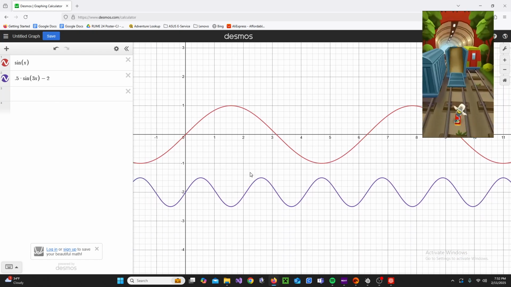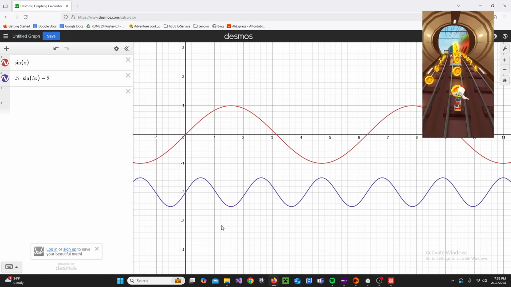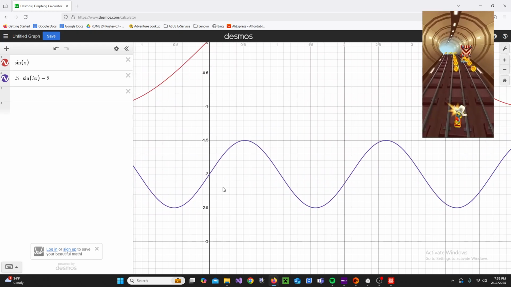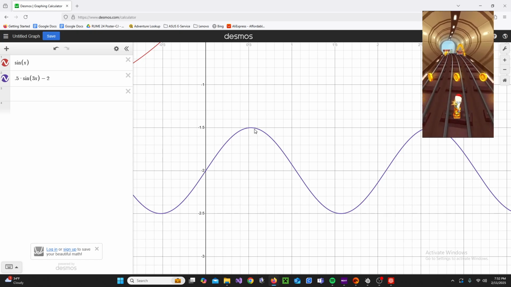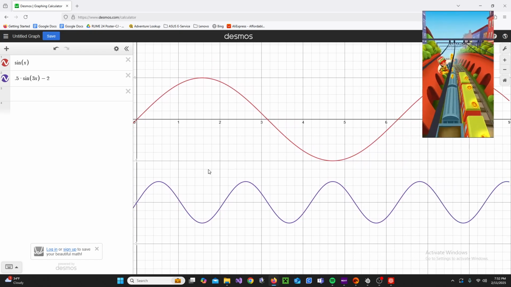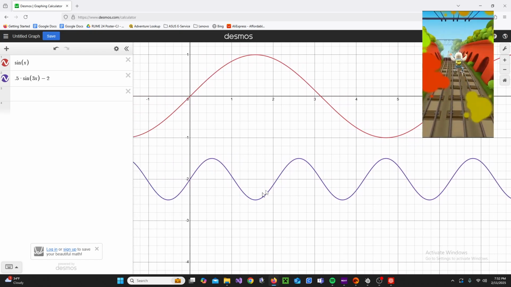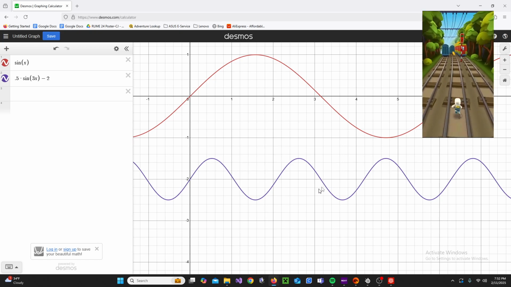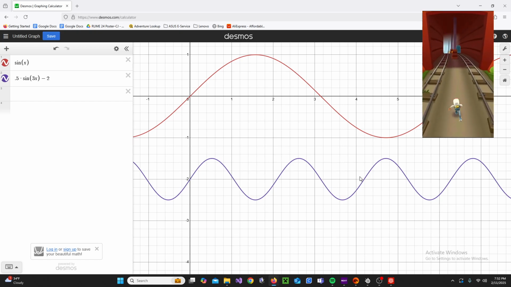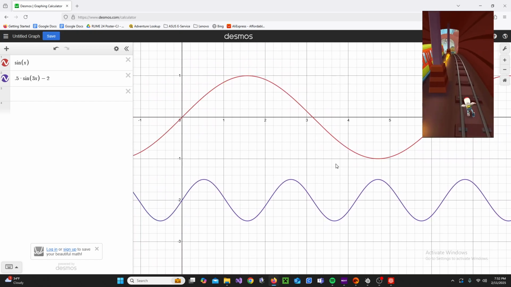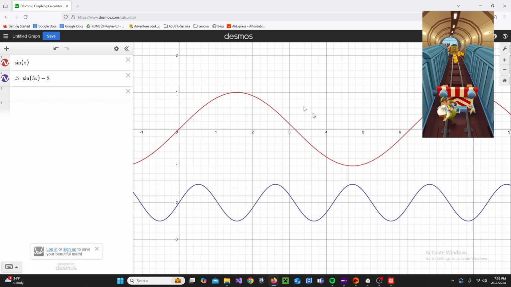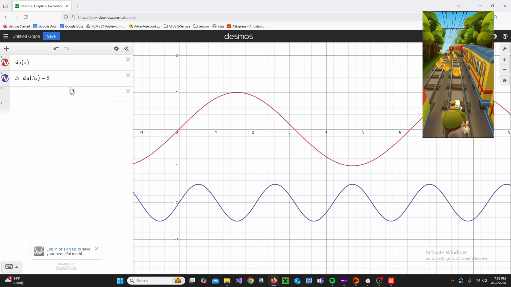So now the function is lowered, it is compressed, and it's shrunk down. The function starts at -2, goes up to -1.5, down to -2.5. So it's a smaller wave vertically. It's compressed in, it's a faster wave as well, and it's lower, right? We're doing all of these multiple function transformations all at once.